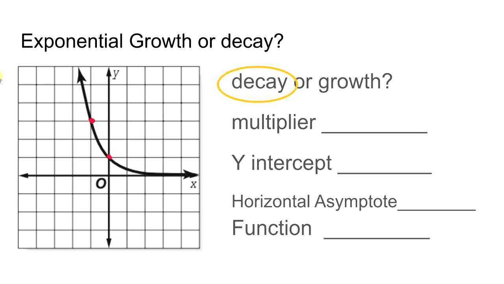So our multiplier is going to be 1/3. Our y-intercept is going to be 0, 1. A horizontal asymptote, it looks like it's y equals 0 again. So if I wanted to write a function for this, all I got to do is y equals 1/3 to the x power, because the y-intercept was 1.